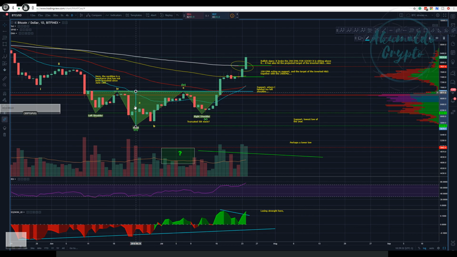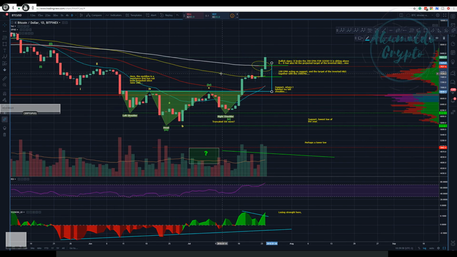Yes, it's from the neckline, so we have surpassed, we are beyond the level of the projection of the inverted head and shoulders, okay, which is nice.